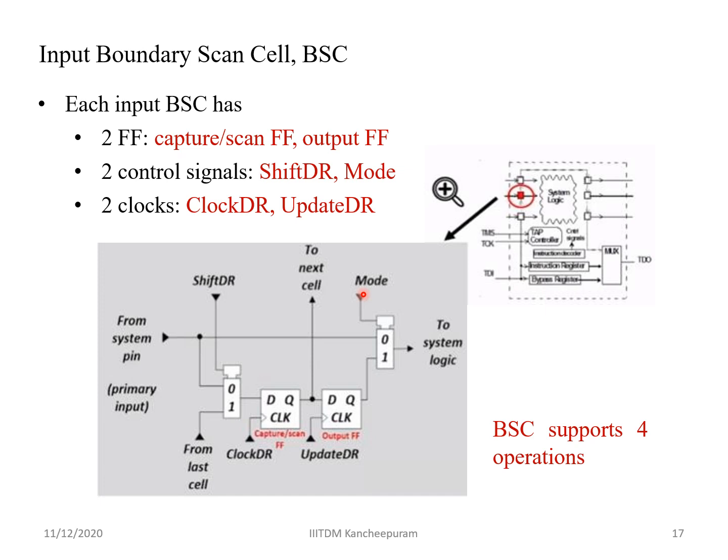If you are not aware of the JTAG tap controller, go back to the previous video and understand. And there are two clocks, clock DR and update DR. These are clock inputs to the two flip-flops, the capture flip-flop and the output flip-flop. So this supports four operations. What are they? We shall see in the next slide.